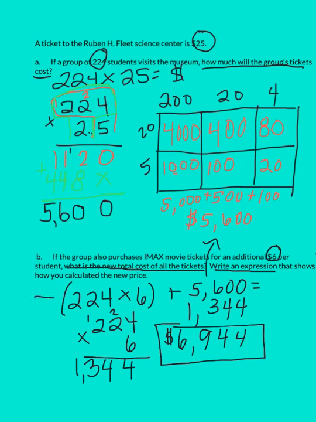So here was my expression right here. So I did that part. I wrote it as an expression before solving, and then I still found what the new cost of all the tickets is.